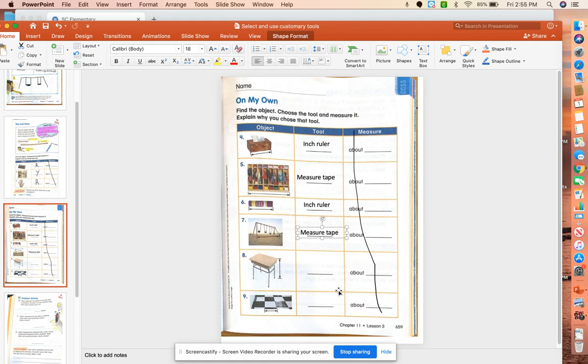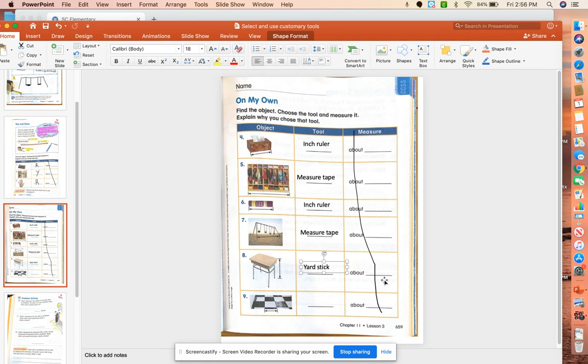I wish we were sitting on our desks right now, but unfortunately we are not. So I think if you said yardstick, you are correct. You could always use the other ones, but we're trying to find the best choice. So a yardstick would work good for how tall your desk would be.